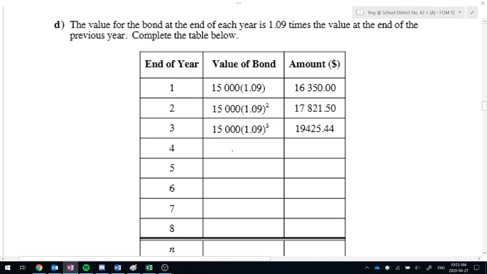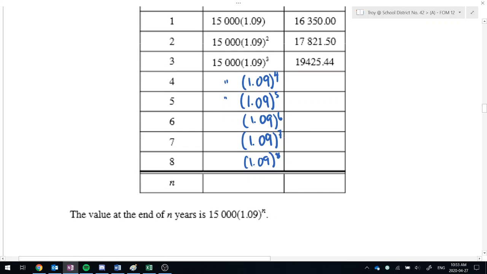So of course, this is going to be 15,000 times 1.09 to the power of 4. This is going to be 15,000 times 1.09 to the power of 5, the power of 6, power of 7, the power of 8. Right? And then it just goes, you know, however big as you want it to go.